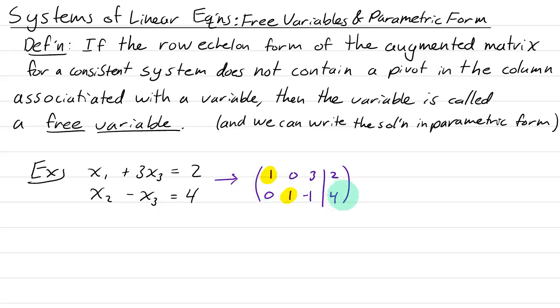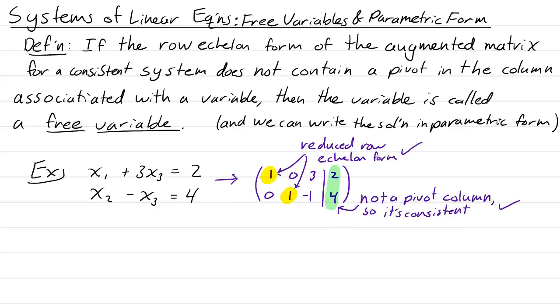So according to this definition, let's see, first of all, is this a consistent system? Yes, this is consistent. And we can tell because the rightmost column, the last column, is not a pivot column, which means there's no row that represents an equation of the form 0 plus 0 plus 0 equals 4.